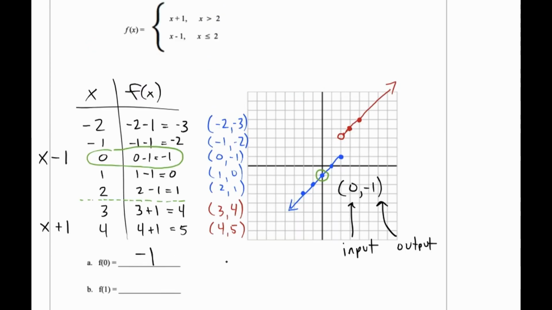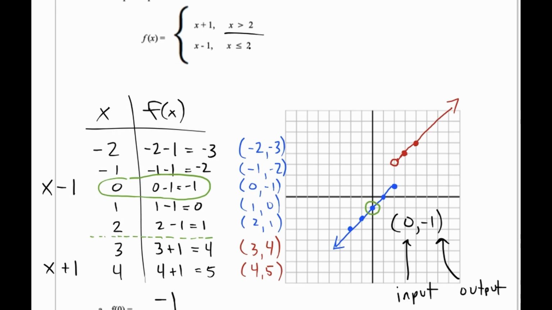B says to let the input of the function be x equals 1. So you want to look at your different domains for the different parts of this piecewise defined function and decide which rule does it follow.